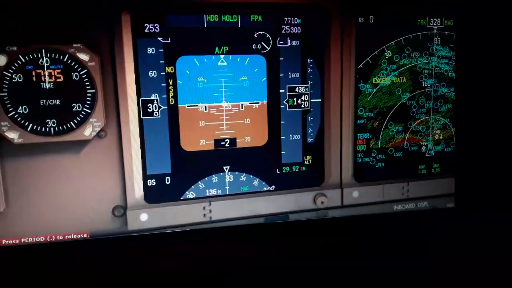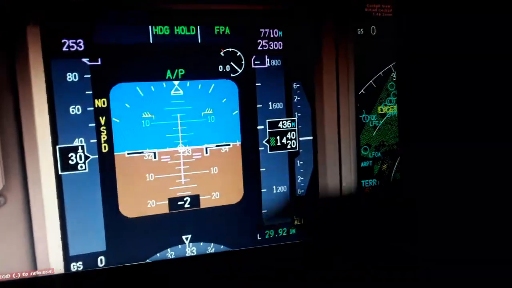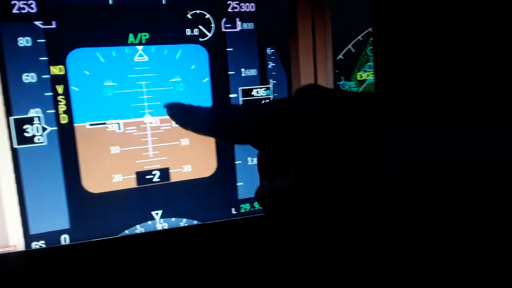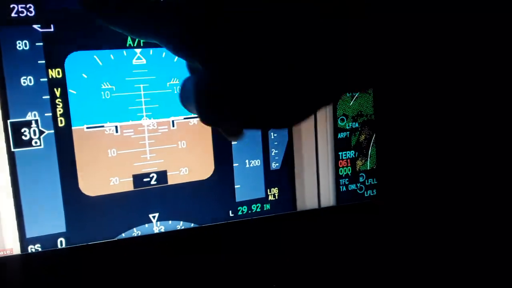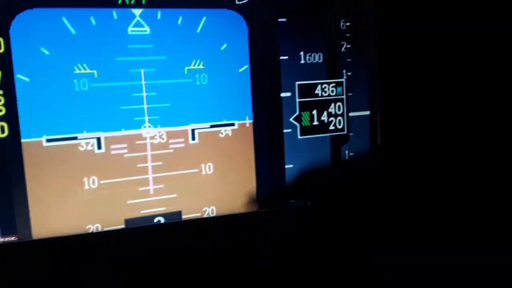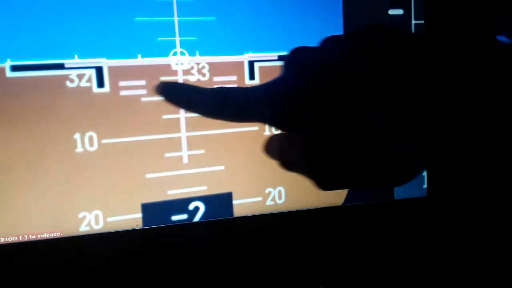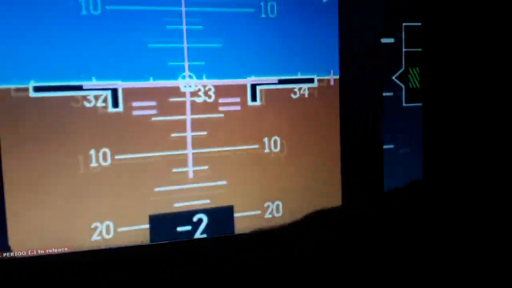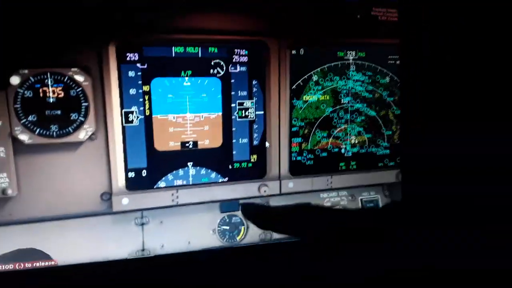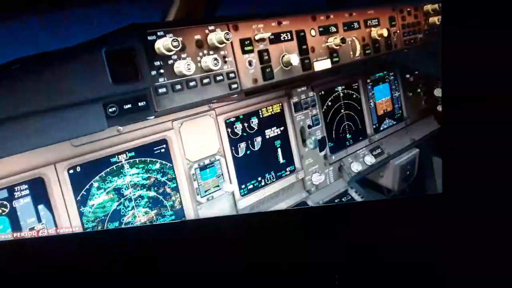You will see from the cruise altitude with this mode, the flight path angle, hold the autopilot on. This target airspeed, you have to descend like this, minus 3.5 degrees. So the aircraft pitch attitude will be minus 3.5, between the 0 and the minus 5 in the pitch ladder.